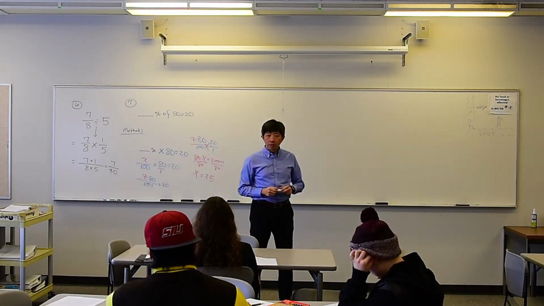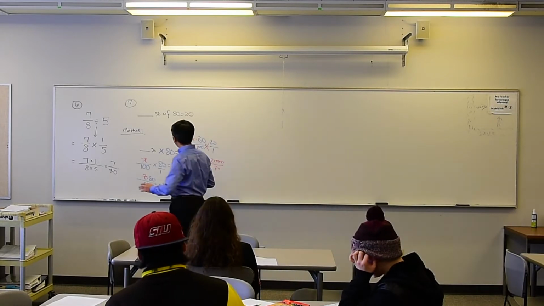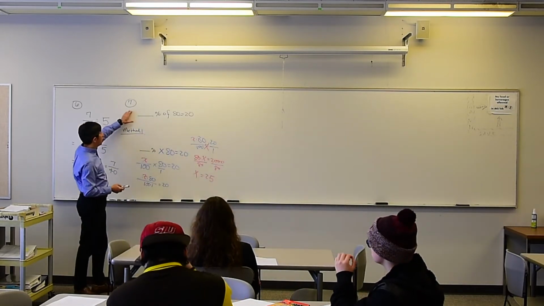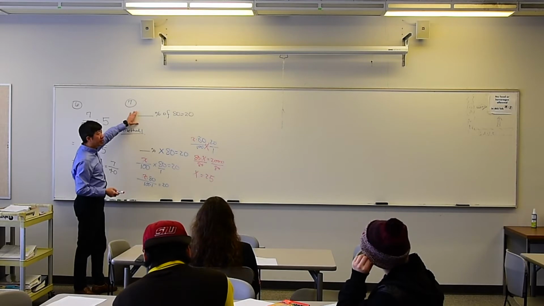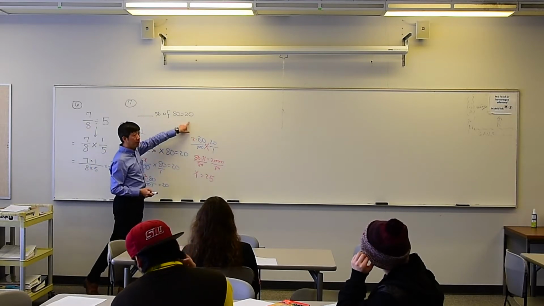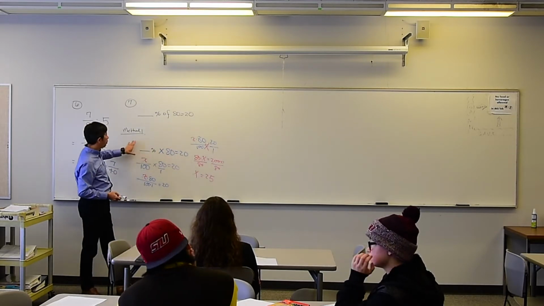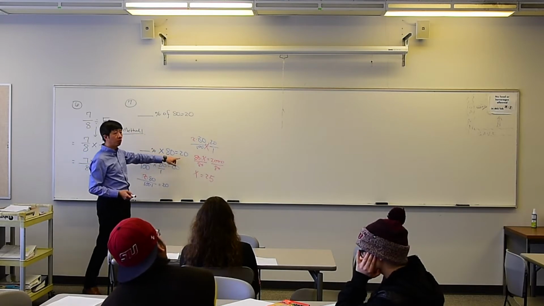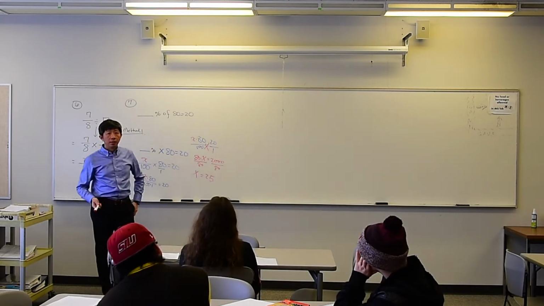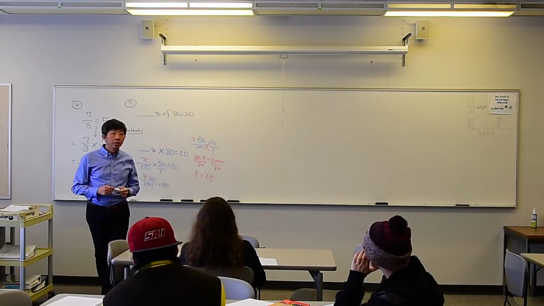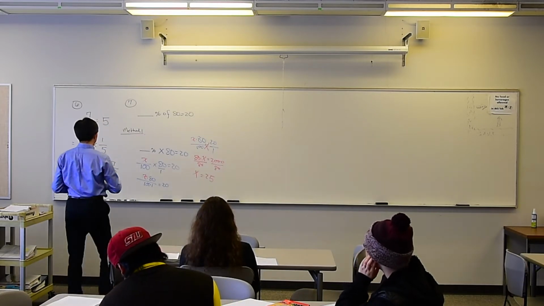Does that make sense? Right. So basically, when we say what percent of 80 is equal to 20, that means what percent times 80 is equal to 20. Does that make sense? All right, method 1, okay.